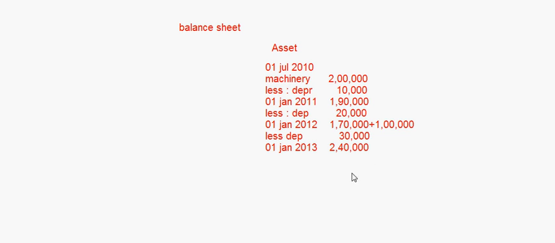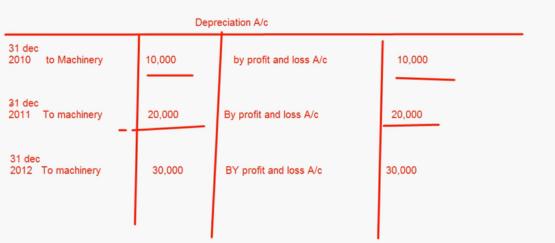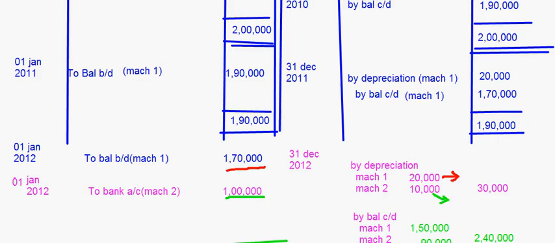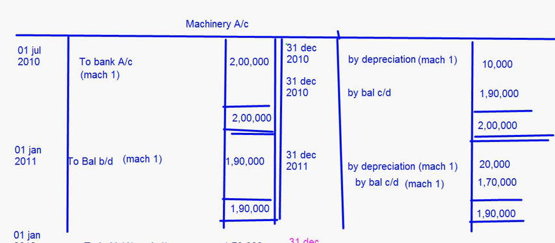and we buy another machine on this date. So here this is 1,70,000 plus that 1 lakh rupees, so you can put it as plus 1 lakh, that is 2,70,000, and then less depreciation. For this year it is 30,000.